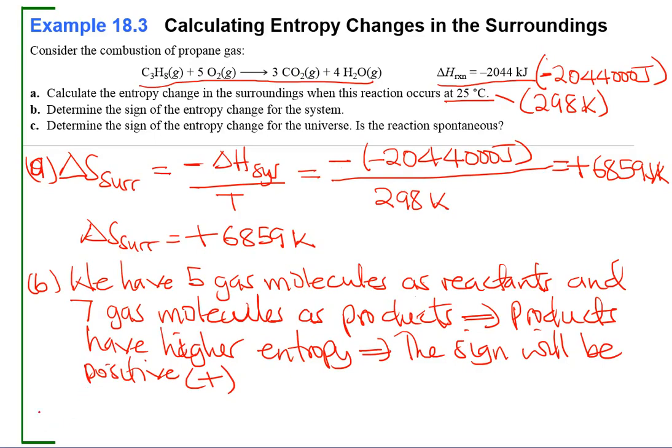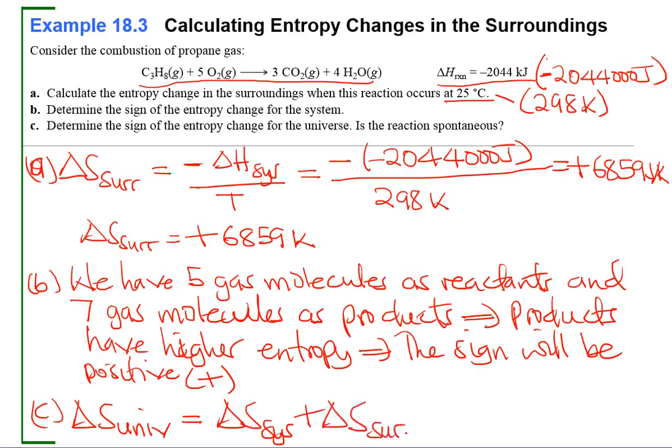Now, number C. It says determine the sign of the entropy change of the universe. We know that delta S universe is given by delta S system plus delta S surrounding. But both system and surrounding are positive, as we have seen.